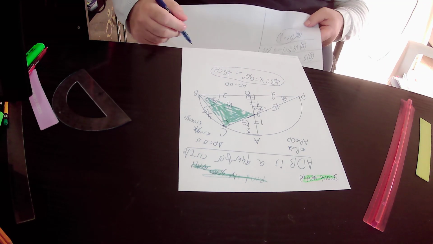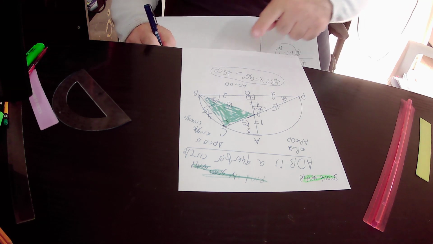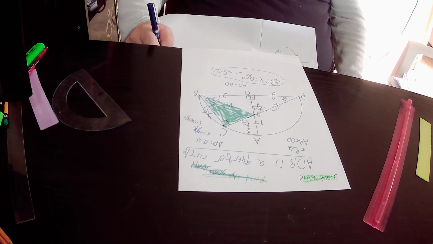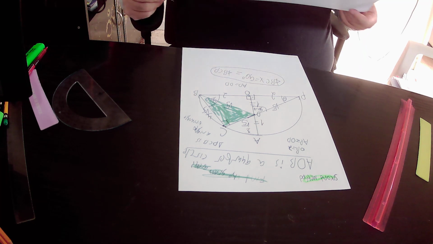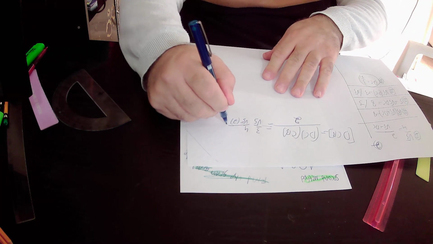So DC equals 3 over square root of 5 units, CB equals 4 over square root of 5 units, all divided by 2. Here, 3 times 4 in the numerator equals 12.